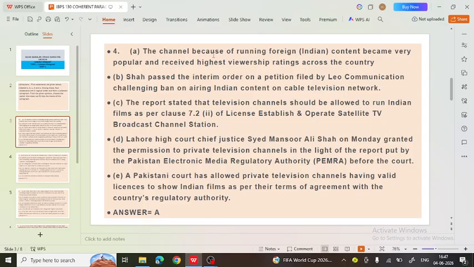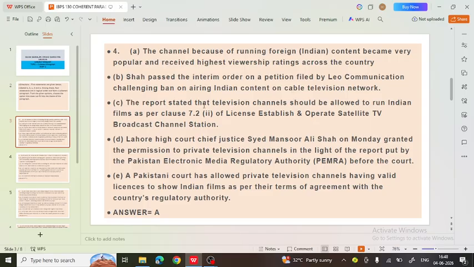The channel, because of running foreign content, means Indian content, became very popular and received highest viewership rating across the country. Shah passed the interim order on a petition filed by Leo Communication challenging ban on airing Indian content on the cable television network.